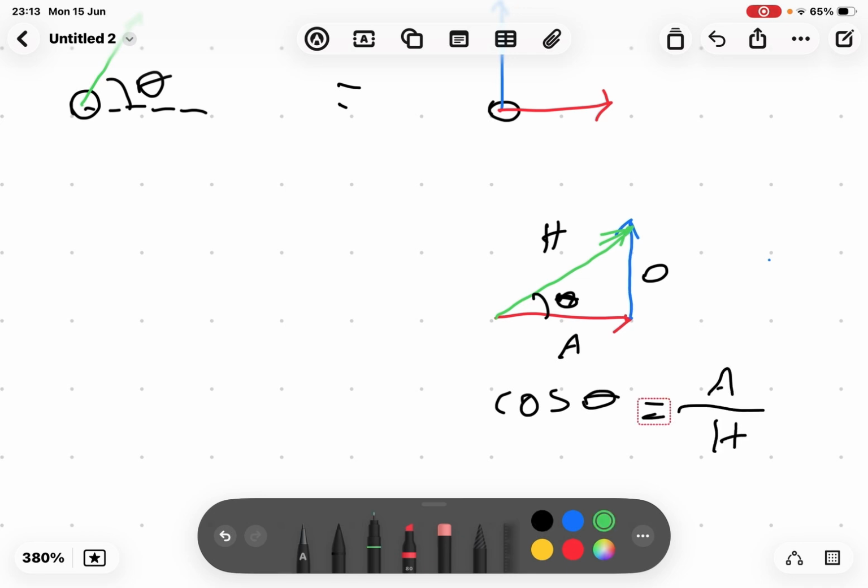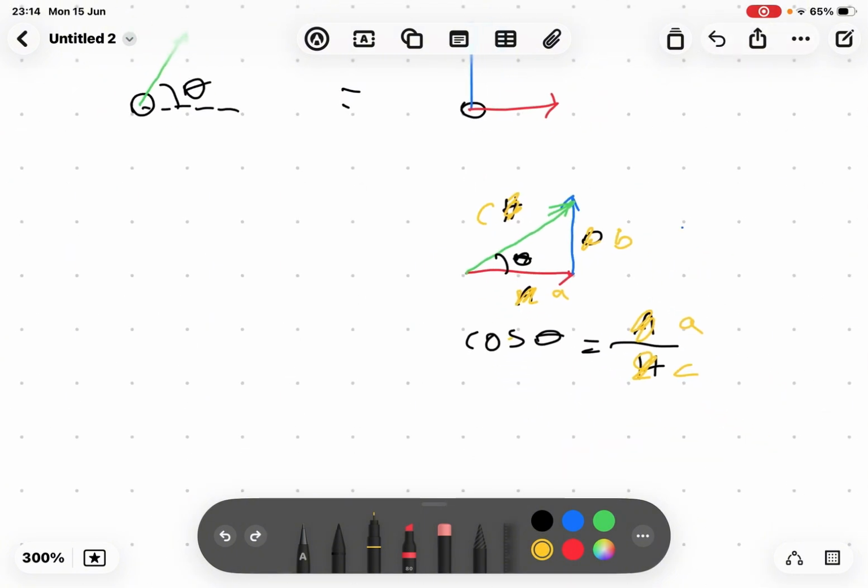Let's call them A, B, C. So A over C is equal to cos theta. We have to get rid of C on this side to make A on its own, so we just put this equals A.